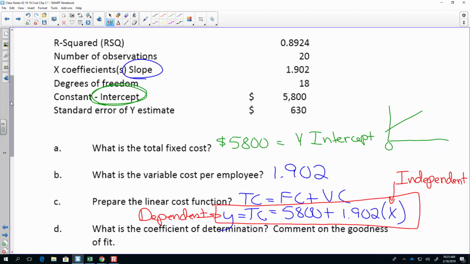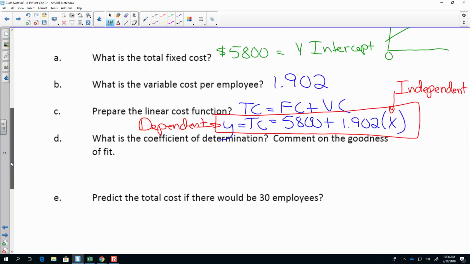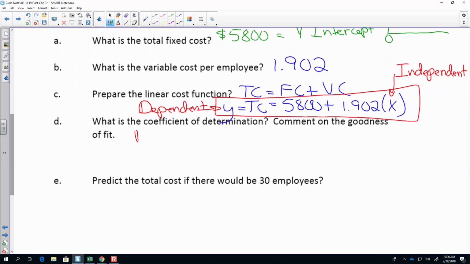No. It's our other statistical equation, which is what? R squared is our goodness, our coefficient of determination. So I'm going to put R squared here, right? It was 0.89 something. 24.